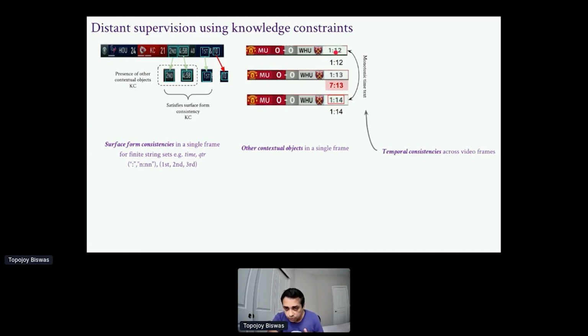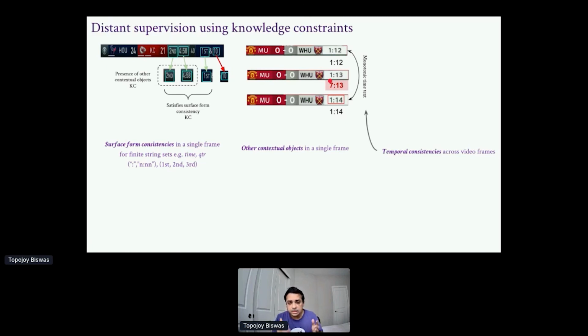If you have 1:12 here, and you have 1:14 here, both of which identify as a proper surface form of time, as well as 7:13, you know that you cannot have a 7:13 in between 1:12 and 1:14, so you know that's something wrong. You look at majority voting and then you reject this sample.